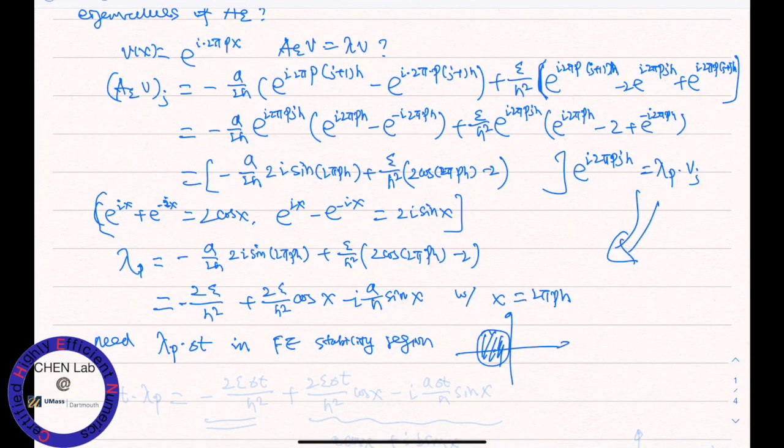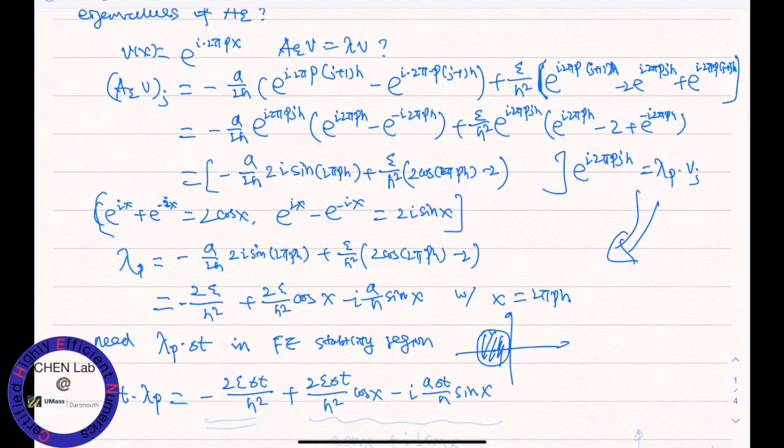Okay, so we need to look at theta t times that lambda p, which is negative 2 epsilon theta t over h squared plus 2 epsilon theta t over h squared cosine x minus i a theta t over h sine x.